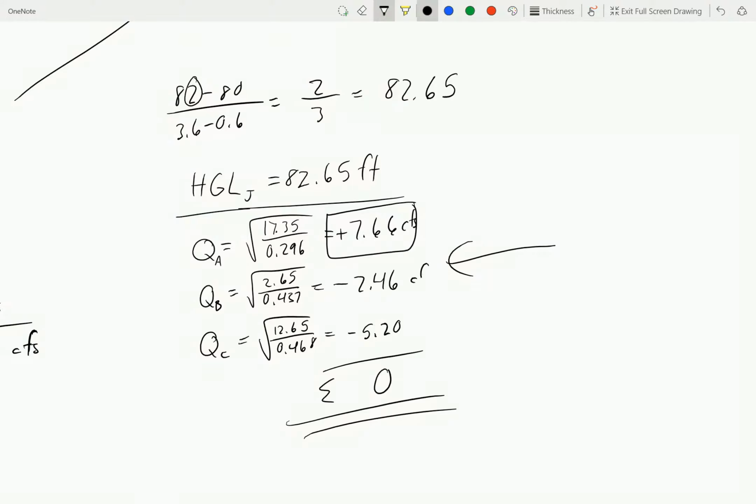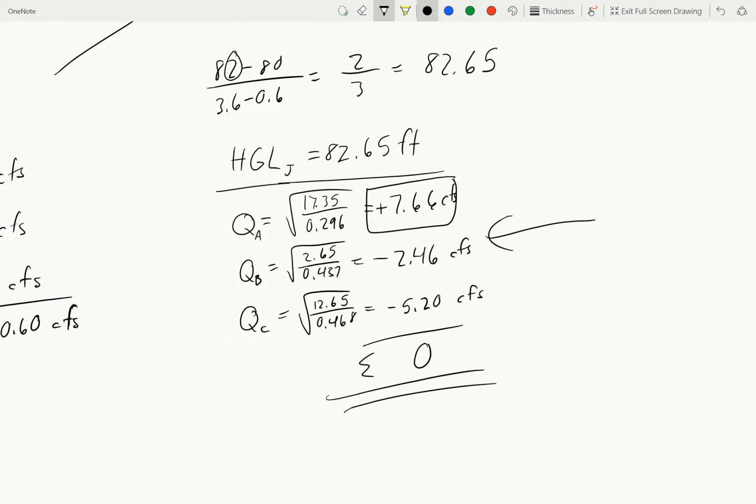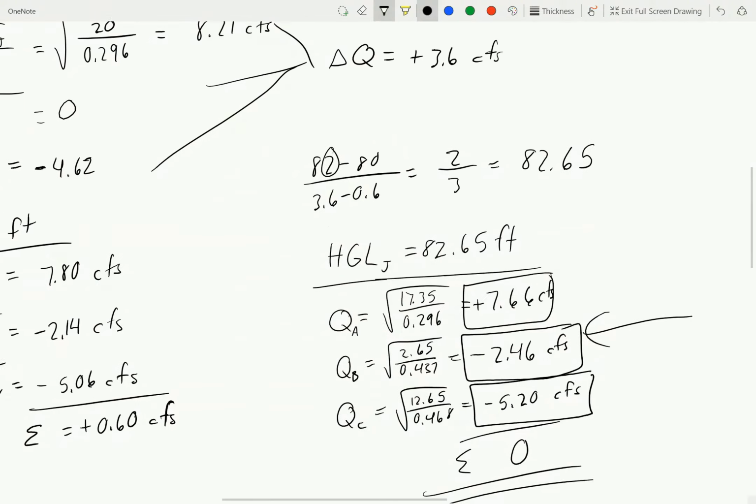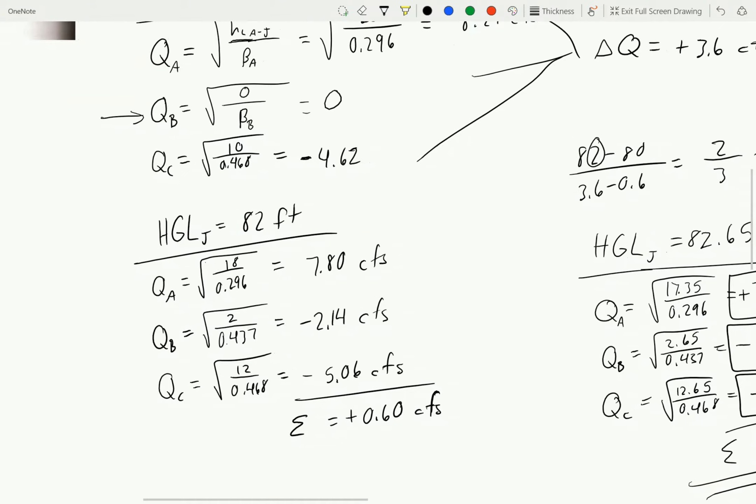These all are cubic feet per second. And then we know that the flow into B is 2.46 and the flow into C is 5.20. And that's what these negative values stand for: going into the point from J would be negative, and going into J from the point would be positive.